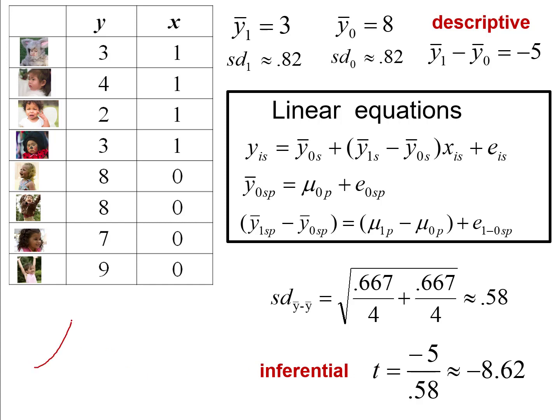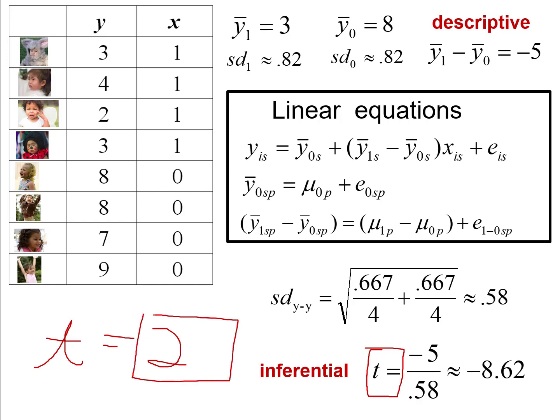But somewhere around the ballpark of t equal to 2, we could call that a critical value. That's where things become significant. So as a hint, if you calculate a t-value and it's larger than 2, chances are it's going to be significant. So in our case, the probability is less than 0.001. It's a very, very small probability. So this is definitely significant.